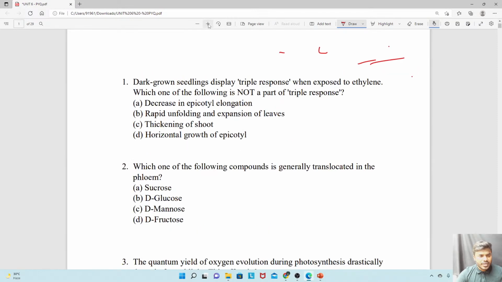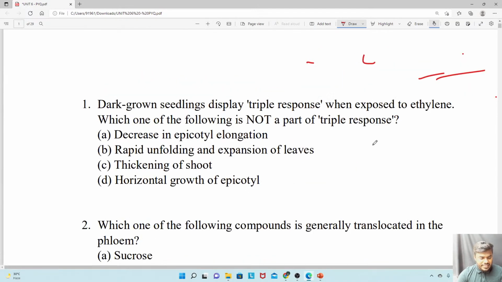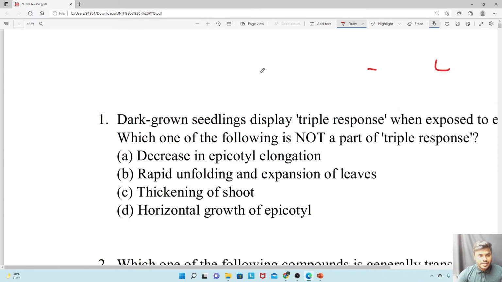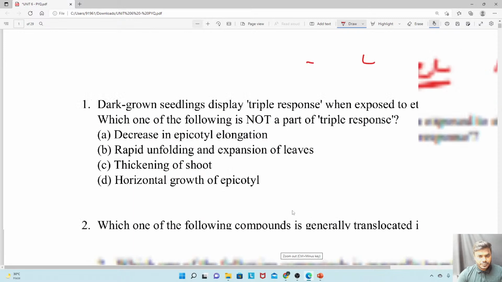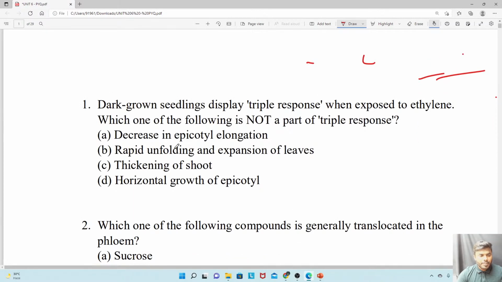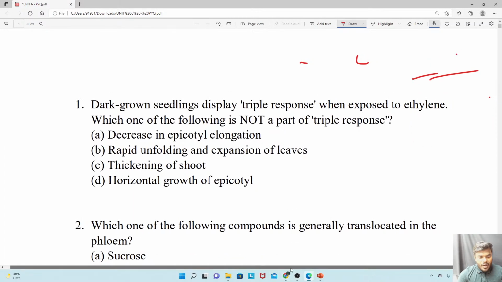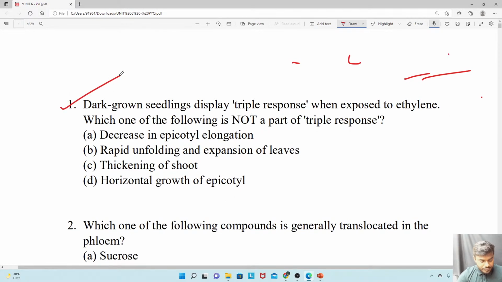I'll zoom. I think you can't see. Okay, I hope everyone can see it nicely. Okay. Perfect. Okay. Question number 1. Your time starts now. I want you to be a little faster.